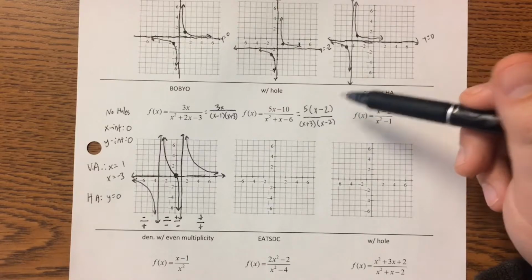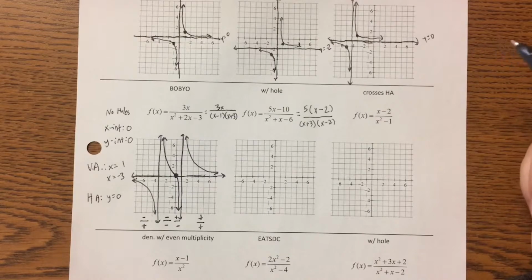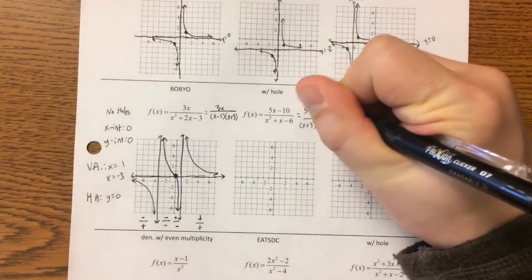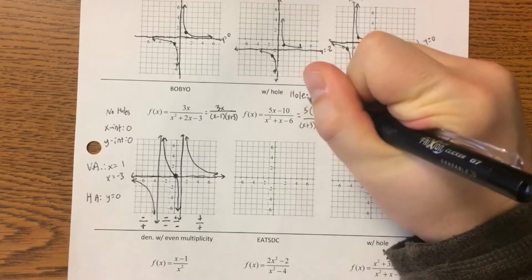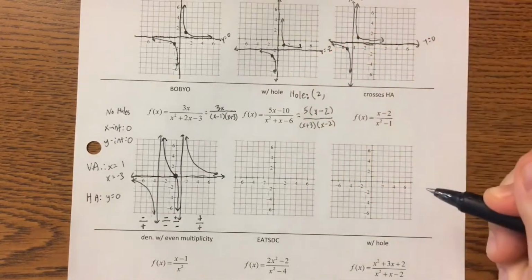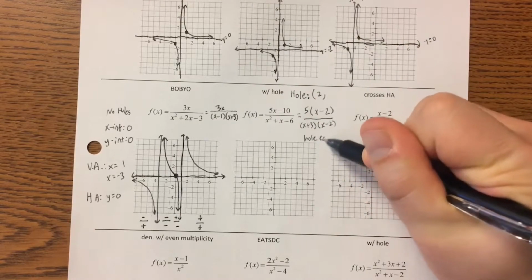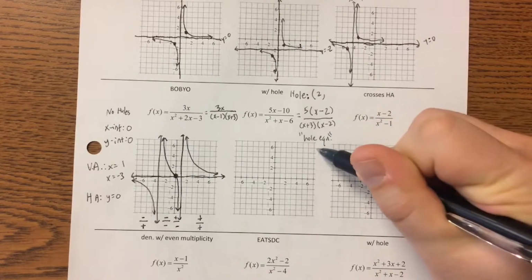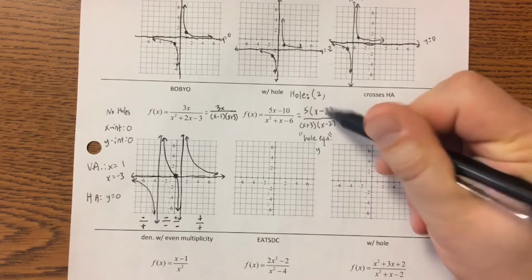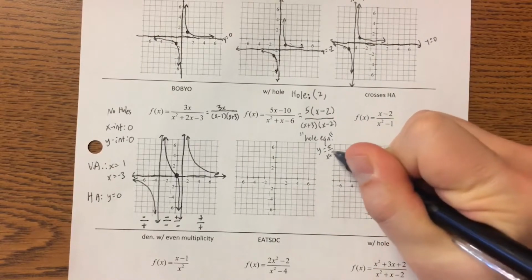Where is the hole? At what x value? 2. Okay, so I know I'm going to have a hole at 2, comma something. My whole equation is going to be what I get when I cancel out these x minus 2's. So that would be 5 over x plus 3.